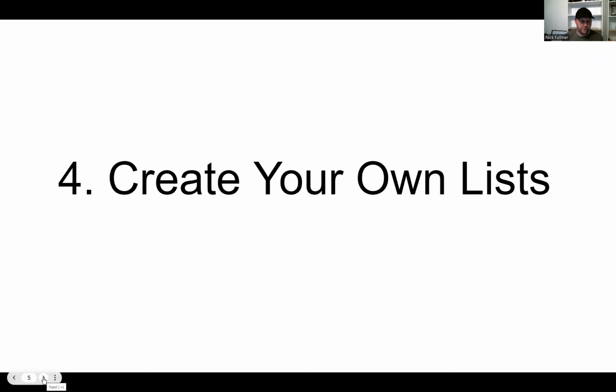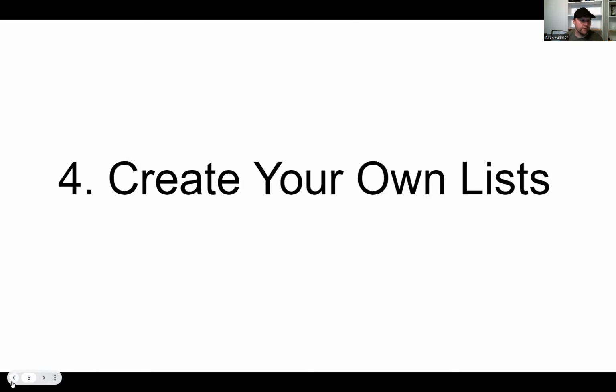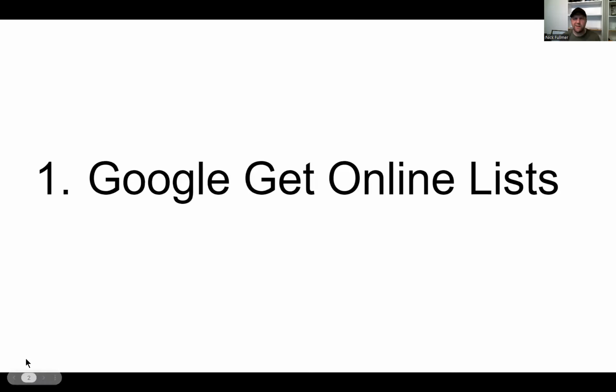So let's finish off this video by going over what are the pros and cons of each method. So let's go back to method 1, which is just getting lists online. The pro: very easy to do, very fast. You can Google a list, pull it up, good to go.